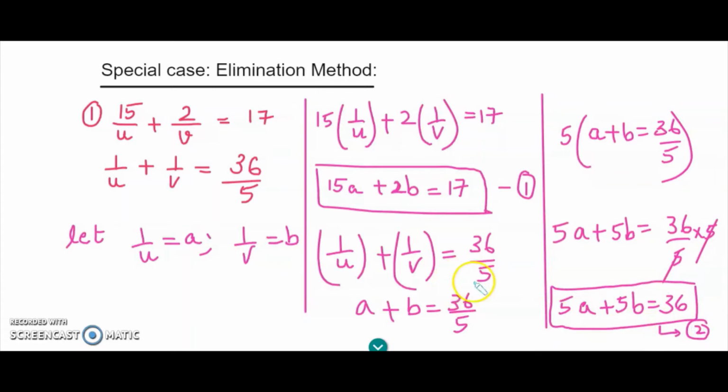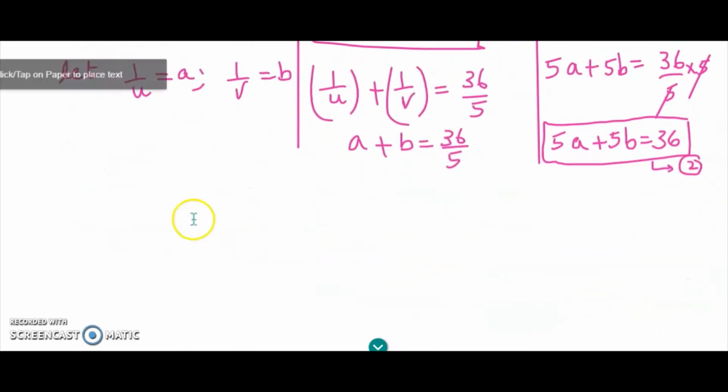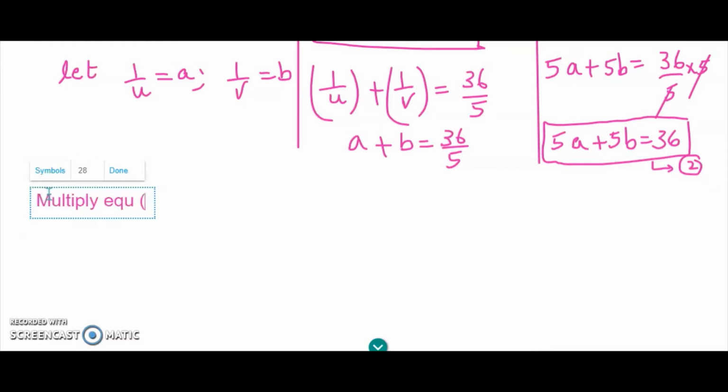Now I'll be working on variable a because it's 15a and 5a, so it's easier to make them equal. So I'll multiply equation 2 by 3. Why?